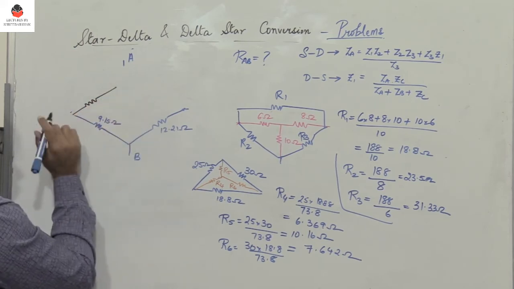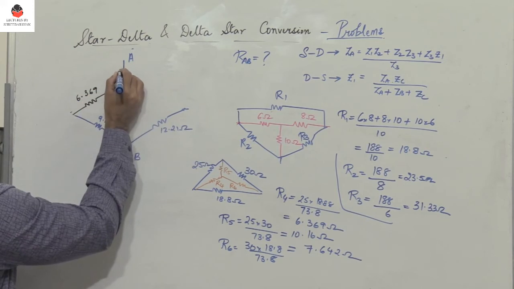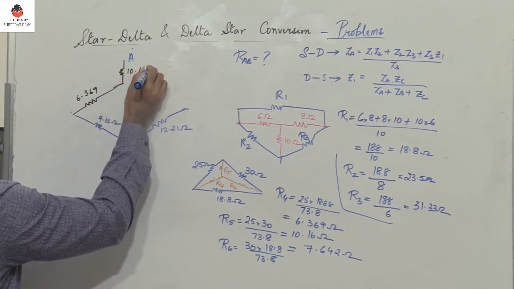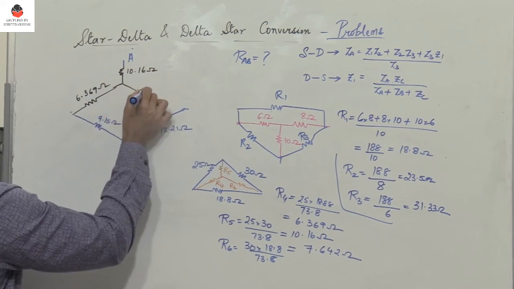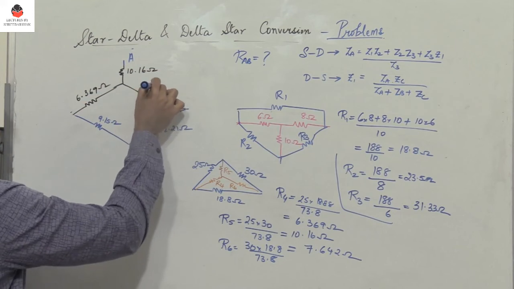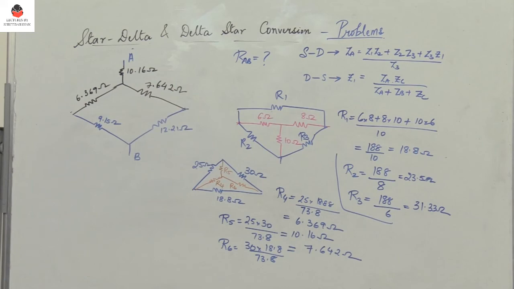So now this delta network can now be replaced by a star network. So we had R4 here, which was 6.369, and this was R5, which is 10.16 ohm, and then we had R6, which is 7.642 ohm. So observe that 6.36 ohm and 9.15, they are in series.